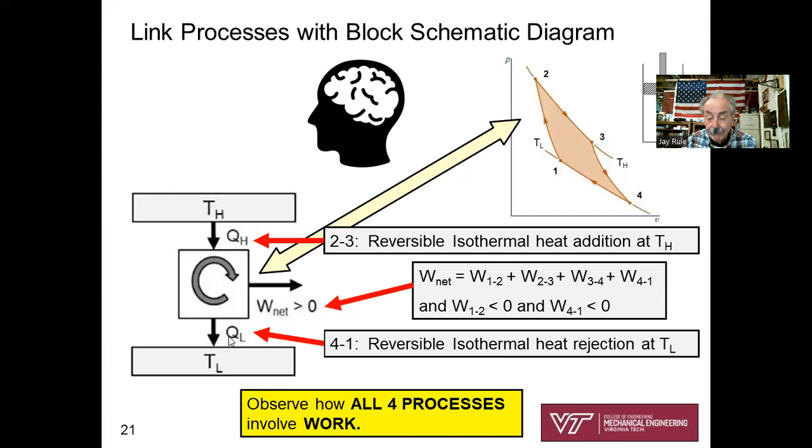Well, here's QL, and that's process 4 to 1, reversible isothermal heat rejection. And so it's my hope that the slide is helping you link the PV diagram to the schematic. And this is something that took me forever to link in my head. Okay. So if you're having trouble with it now, don't feel bad. You just got to study on it. You got to practice with your homeworks, and it'll come to you.